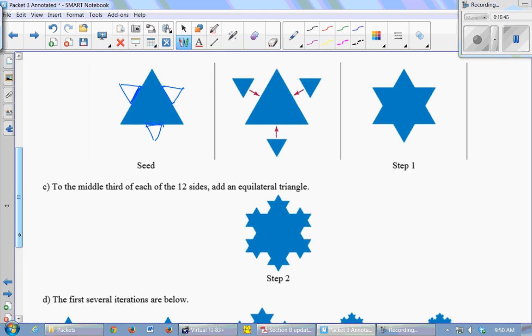And then you do it again, right? To the middle third. Now you have a 12-sided figure. 1, 2, 3, 4, 5, 6, 7, 8, 9, 10, 11, 12 sides. On every single side of the new snowflake, you build another equilateral triangle on the middle third. So just like we did with the seed, you divide each side into thirds and you add a little equilateral triangle onto the middle third.